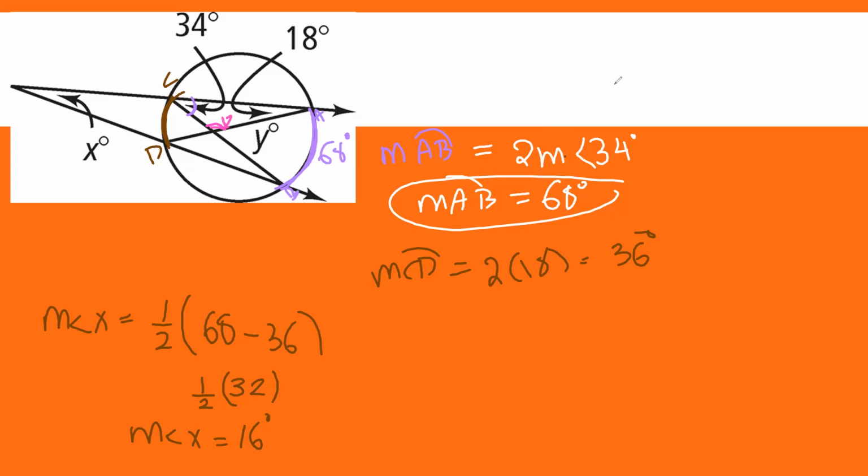So it is 128. So the measure of angle y is what completes it to 180. The measure of angle y will be supplementary to the 128. So 180 minus 128 will be 52 degrees.